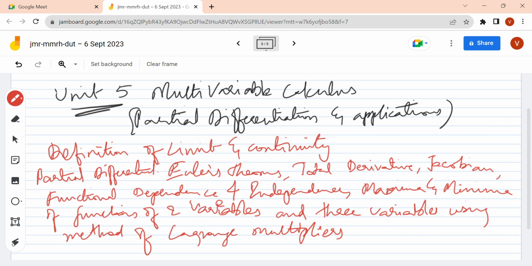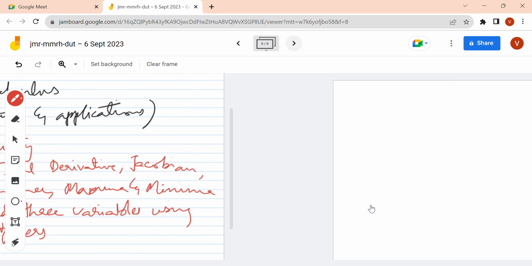So these are the topics you can cover in Unit 5, and if you want I can suggest you some good textbooks also in which you can refer. So please take a screenshot of this.